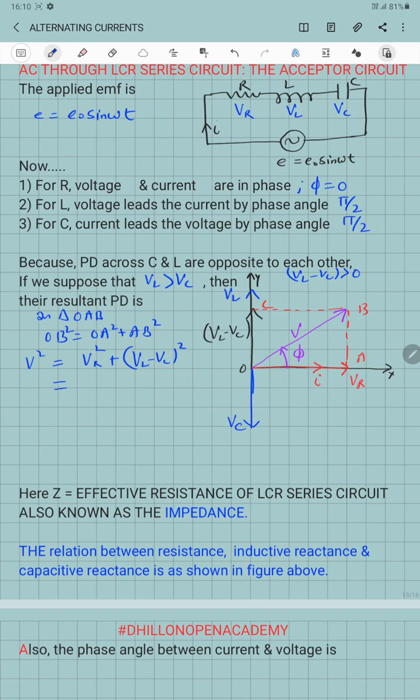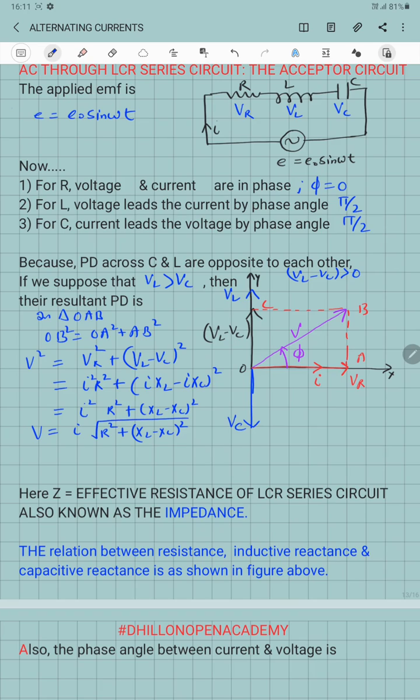Now VR is the voltage across the resistance, which is I into R, and for the second term we have I into XL minus I into XC, whole square. I is common, it can be taken outside. We have V square equal to I square into R square plus XL minus XC whole square, or V equal to I into the square root of R square plus XL minus XC whole square.